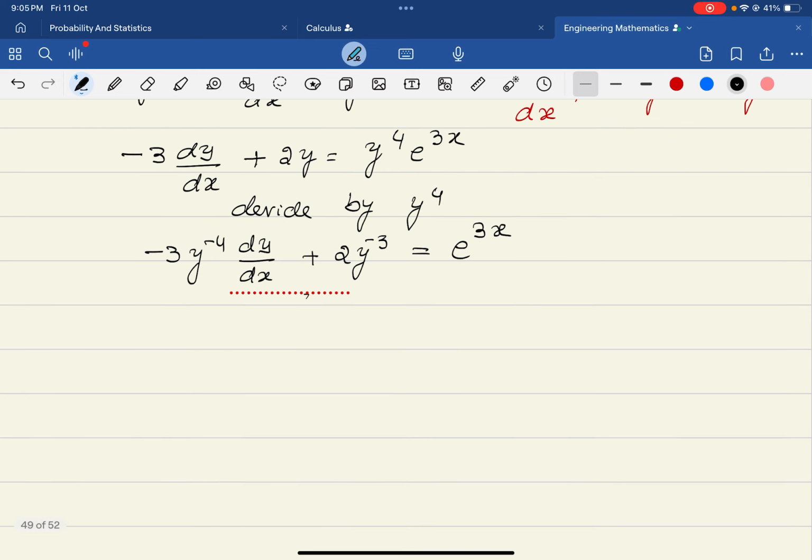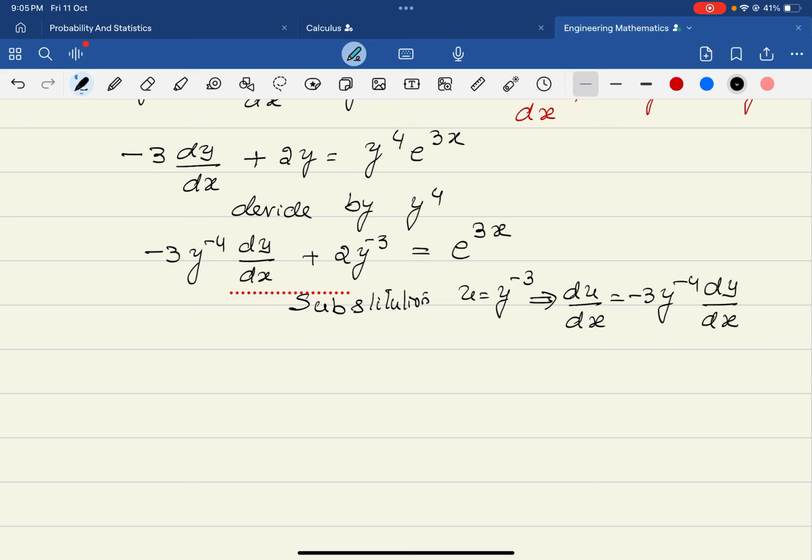Now what is the substitution? Same way. The substitution is u is equal to y power minus 3. So du by dx gives you minus 3y power minus 4 dy by dx.